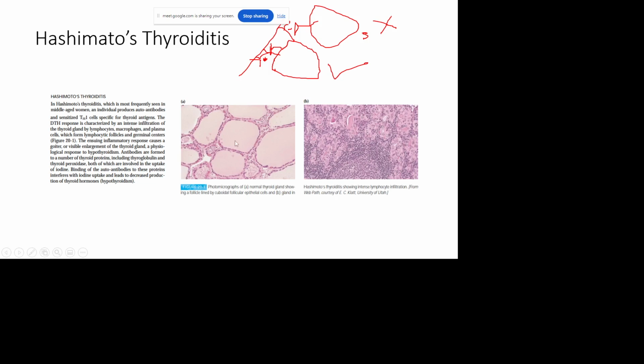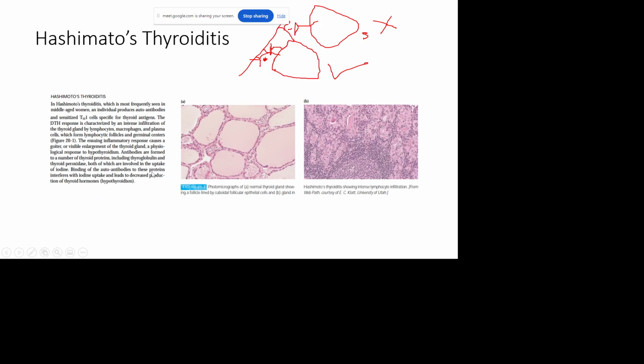Again, in this disease it will produce autoantibodies. What will these autoantibodies do? These autoantibodies will inhibit thyroid proteins like thyroglobulin and thyroid peroxidase, and this blocking will compromise the iodine uptake.